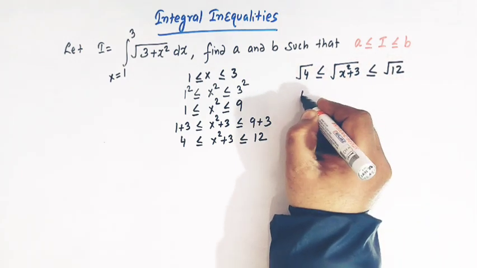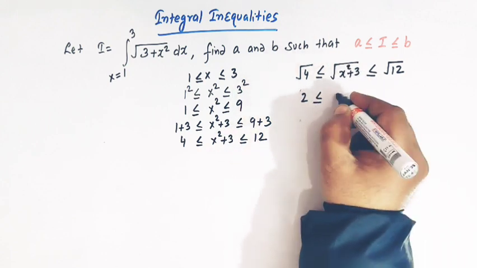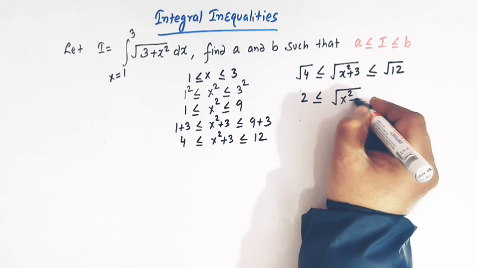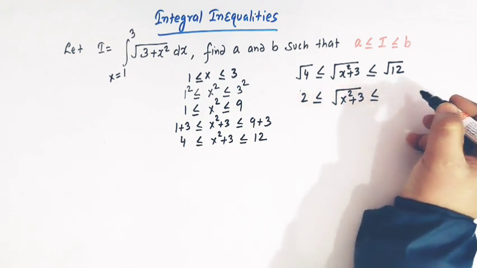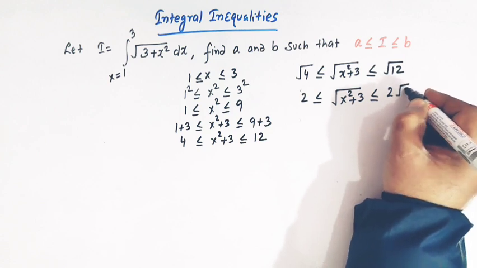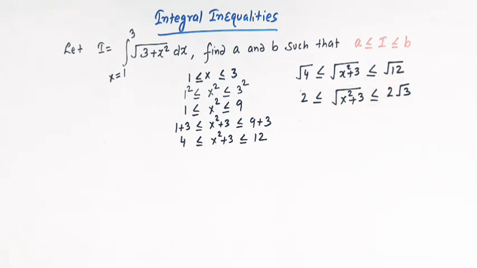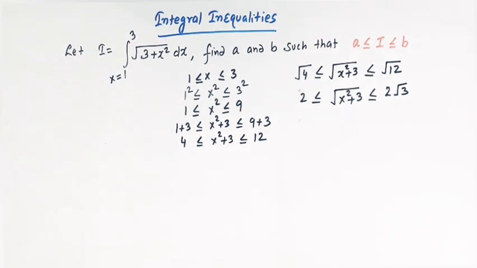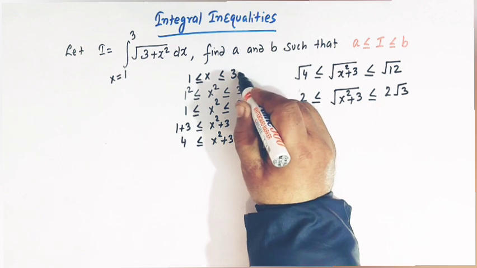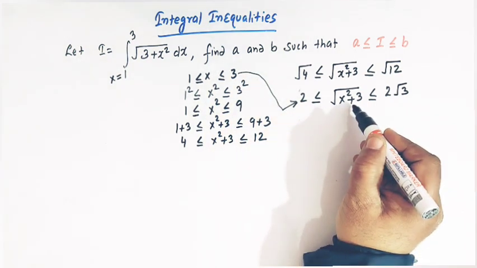So square root of 4 is 2, and here we have square root of x square plus 3, and here we have 2 times square root of 3. So square root of 12 can be written as 2 times square root of 3. So starting with this inequality, we have got this one, right?